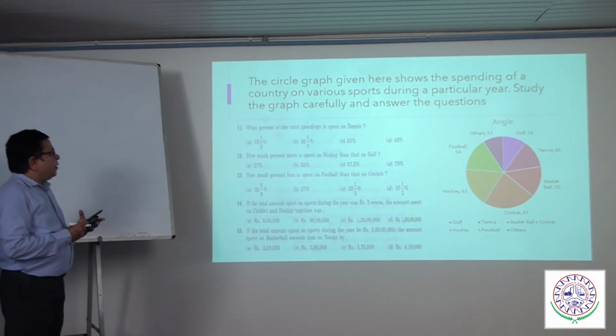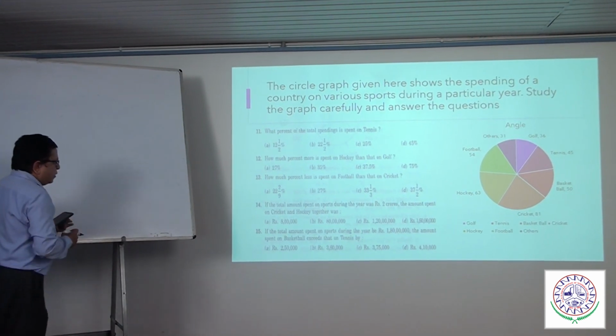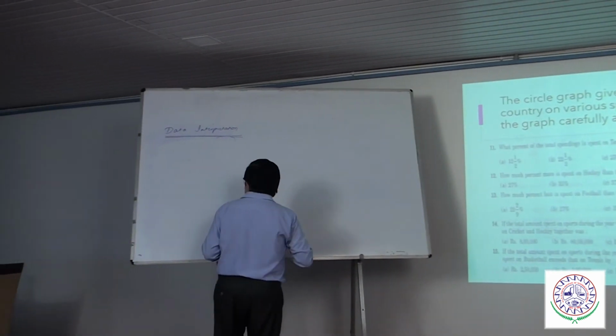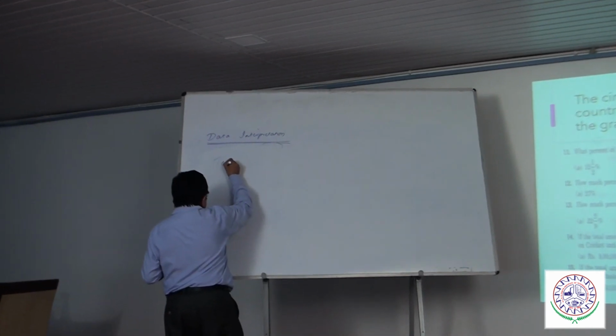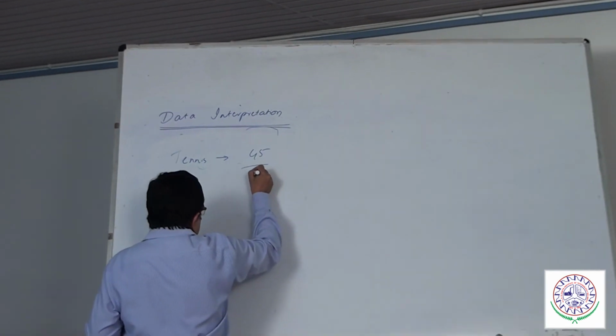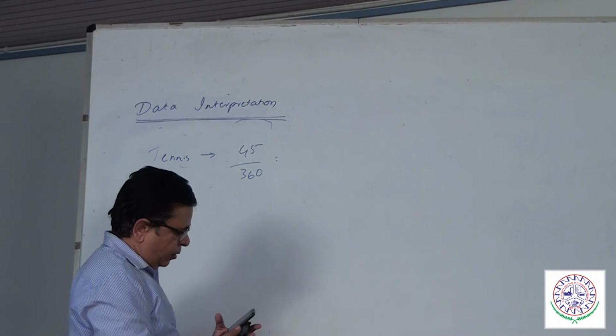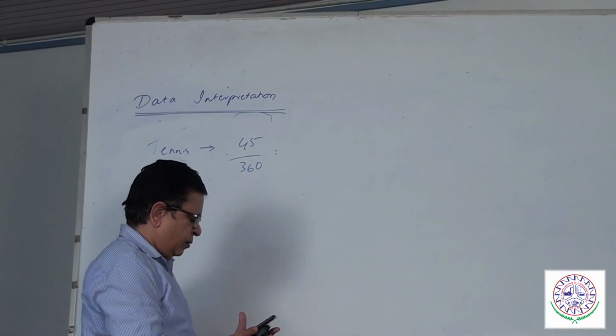What is the total spending spent on tennis? What do we do? Tennis is 45. 45 by 360. 360 degrees is the total area of the circle.